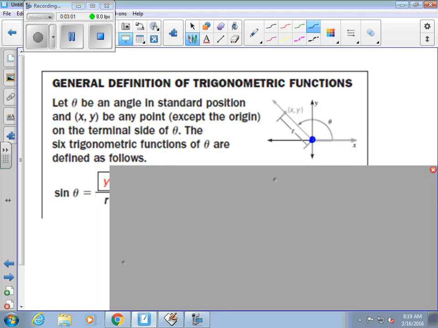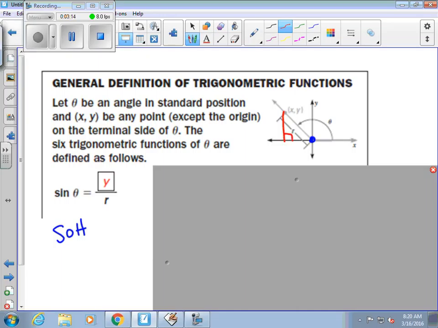That's still the case. SOHCAHTOA, sine is opposite over hypotenuse. So from this reference triangle there, from that angle, your sine is going to be the opposite over the hypotenuse. So in this case, the opposite is y's value.